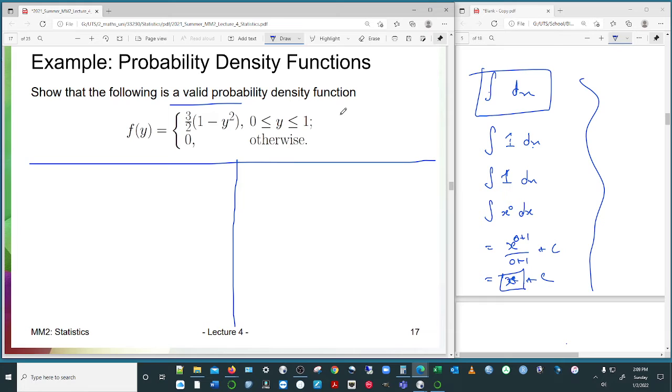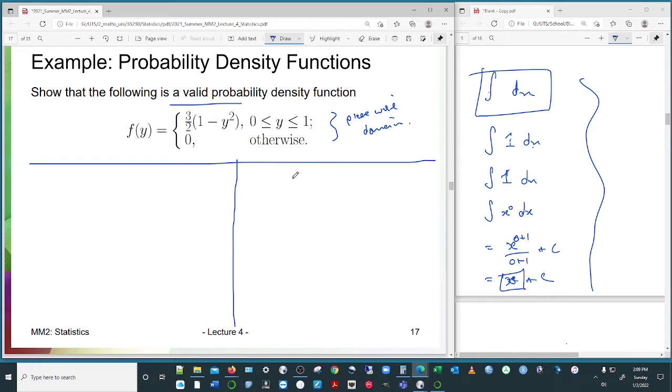So the way that we get around that is we use a piecewise domain. And that domain restriction allows us to use the general definition for an improper integral.